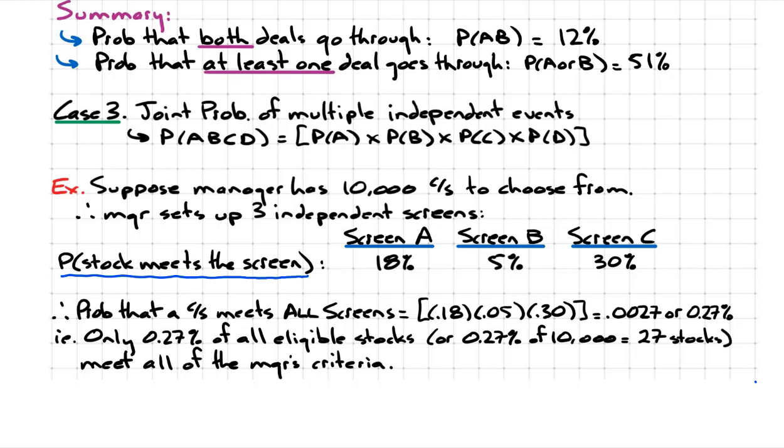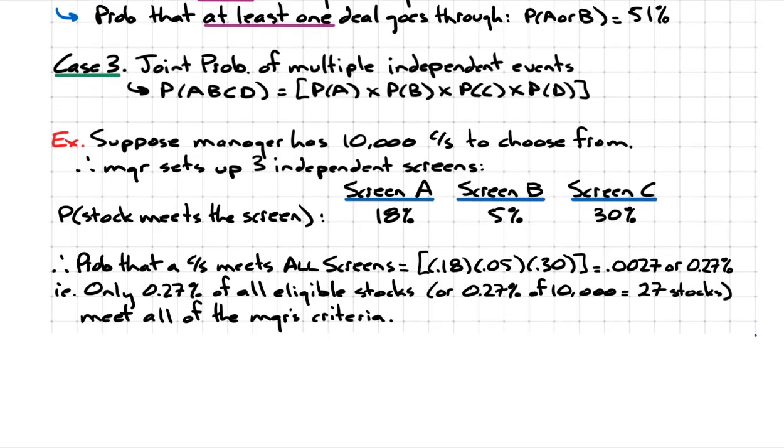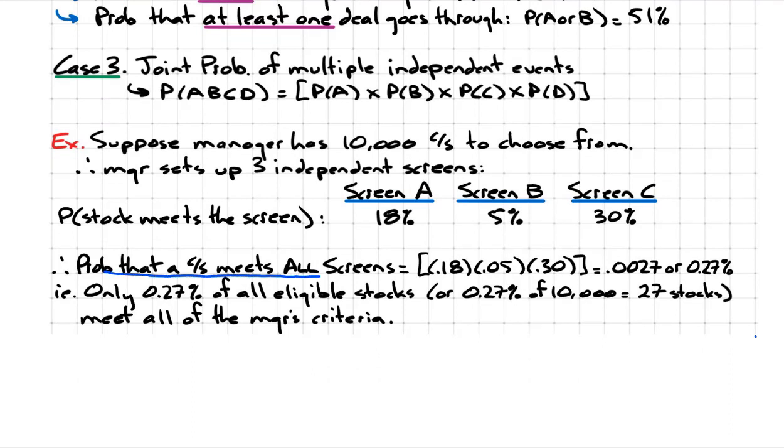The probability of a stock meeting screen A is 18%, 5% probability of meeting screen B, and 30% probability of meeting screen C. But the thing is, the manager wants to pick stocks that meet all the screens simultaneously. So therefore, the probability that a stock meets all the screens is just a product of these independent events. And this would be equal to 0.27%.